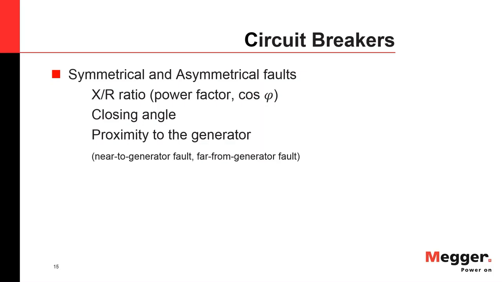And of course, it's determined if the fault is close to the generator or far from the generator. If it's far from the generator, the impedance of the line and the impedance of the transformer will bring the fault currents down, and the asymmetry is not as severe.